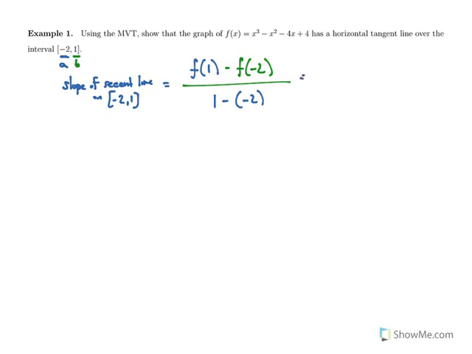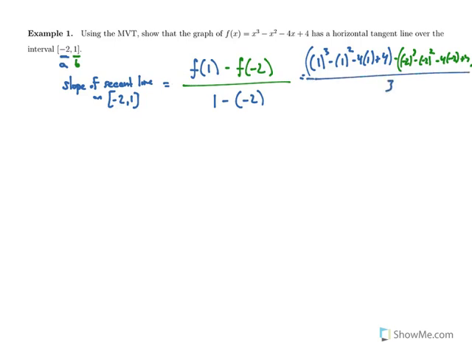So plugging this into the function, we have f of 1 is going to be 1 cubed minus 1 squared minus 4 times 1 plus 4. And plugging in -2, we're going to have -2 cubed minus -2 squared minus 4 times -2 plus 4, all over 1 minus -2, which is 3.